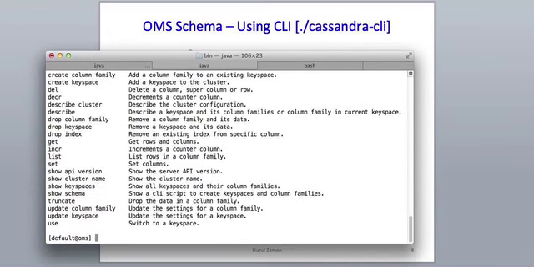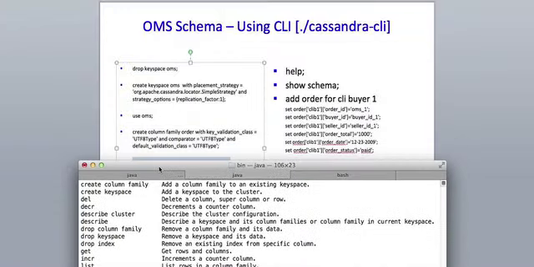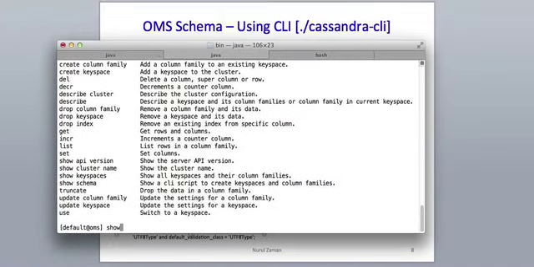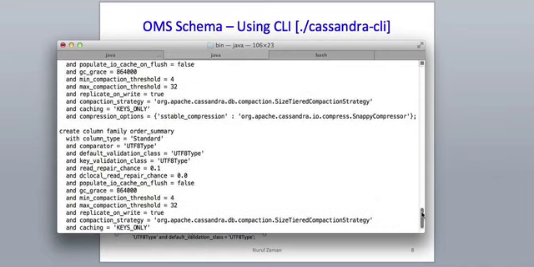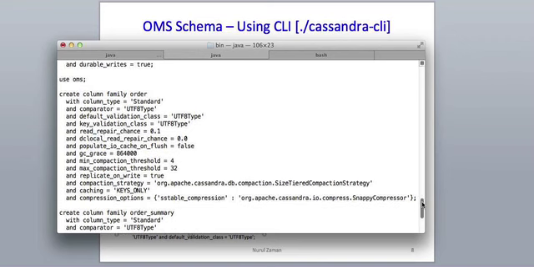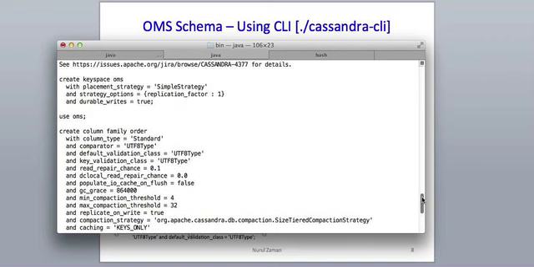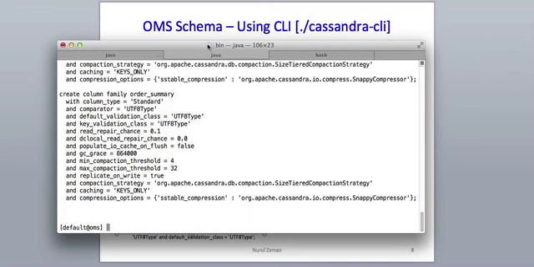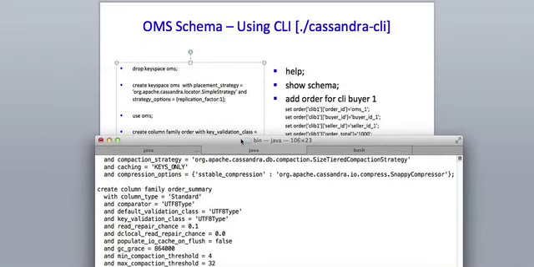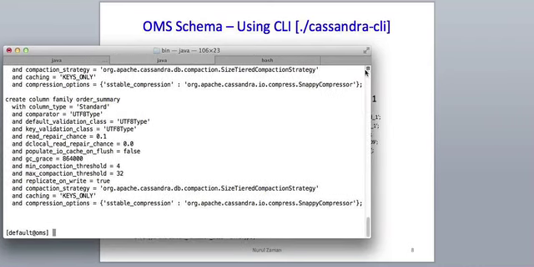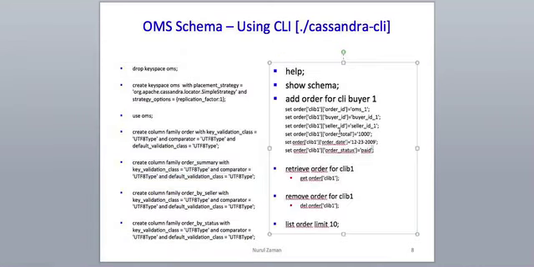Help, and then show schema will show us what we have created. So we have created the column family order summary, we have created the column family order, and so on and on. And we can add an order by just copying this.